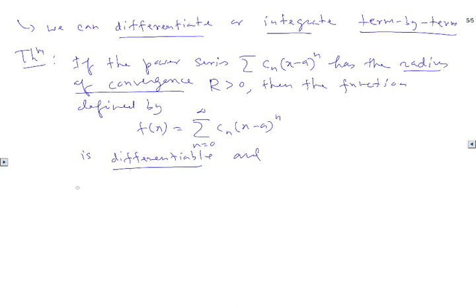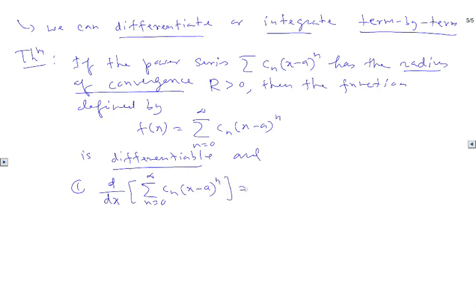So what's the first result? If you take the derivative, you can just take the derivative of both sides. We have the sigma notation, sigma n going from 0 to infinity, c n x minus a to the n.